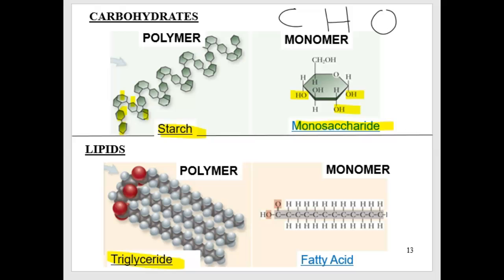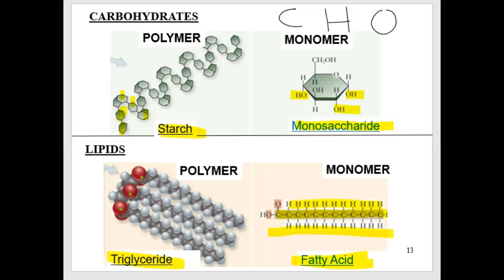The carbon framework of this triglyceride is a backbone of 3 carbons, and those 3 carbons are shown in red: 1, 2, 3. Then each carbon is attached to a long carbon-based chain called a fatty acid. It's made up of tons of carbon and hydrogen bonds.